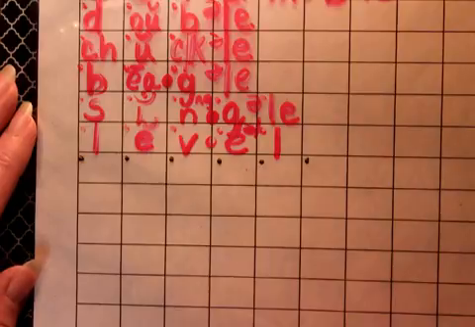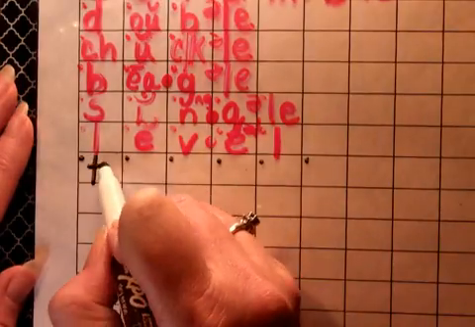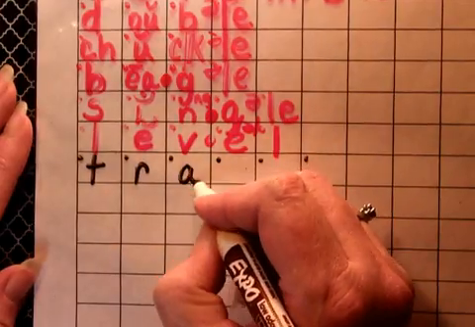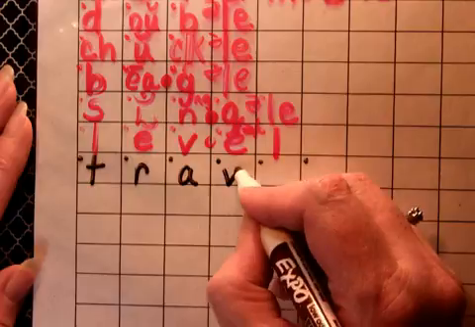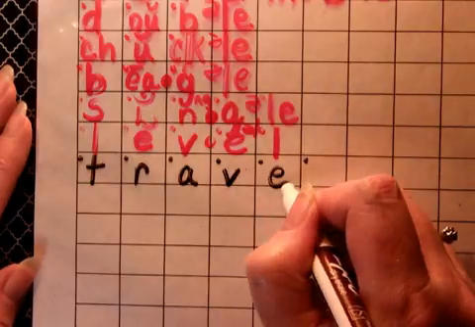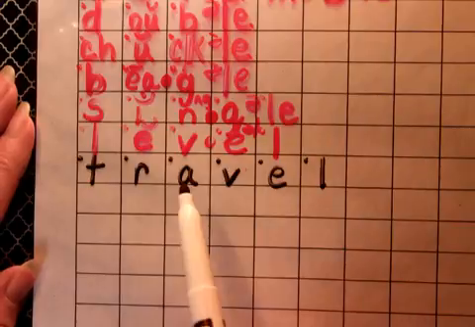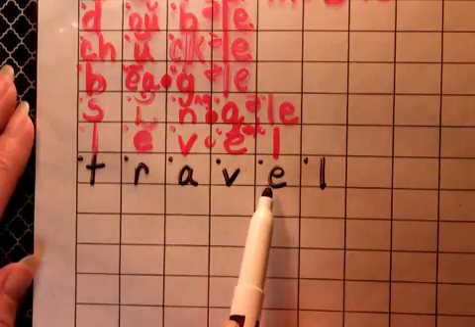The first sound is T. The EL is in separate boxes. Travel. We have two vowel sounds.